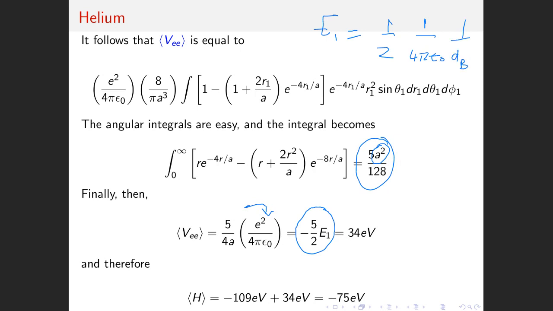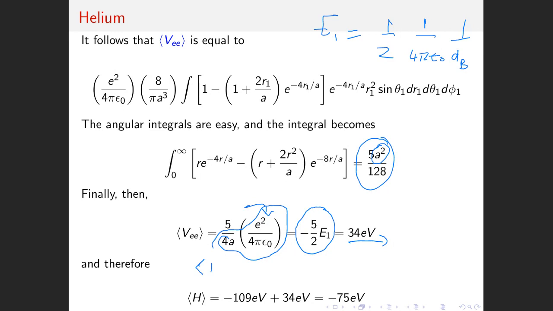So this whole thing, up to a factor of 2, is just E1, and E1 is 13.6, so you get this 34. Although it took me a very long time, the point is that at the end you get this 5 over 128, and VEE is just this 34 electron volts.